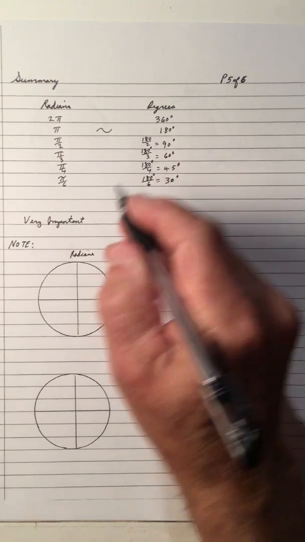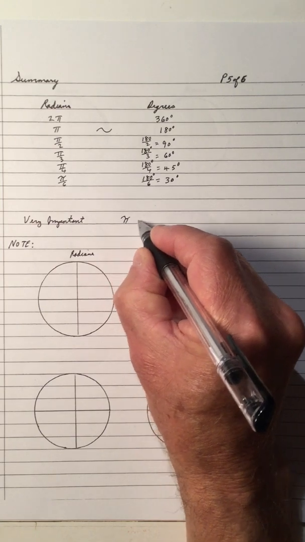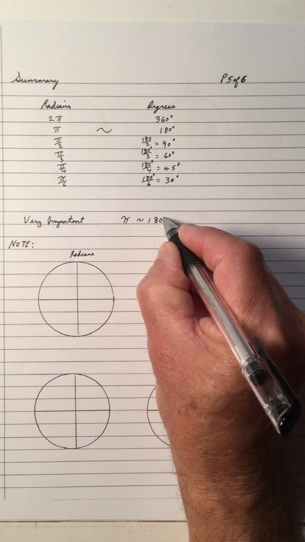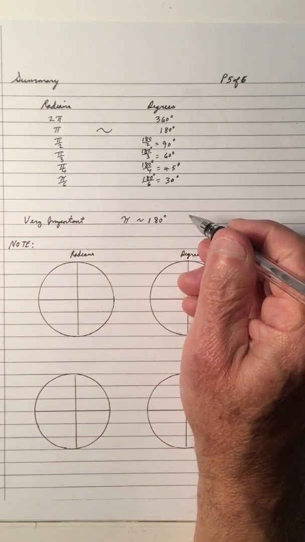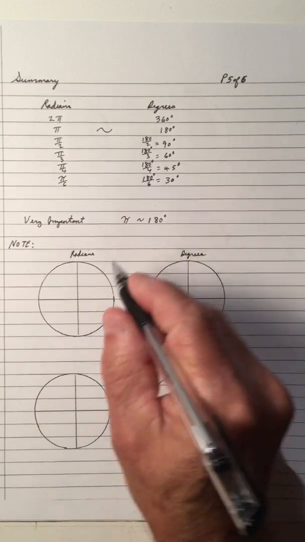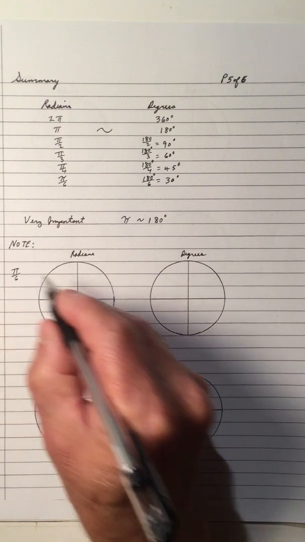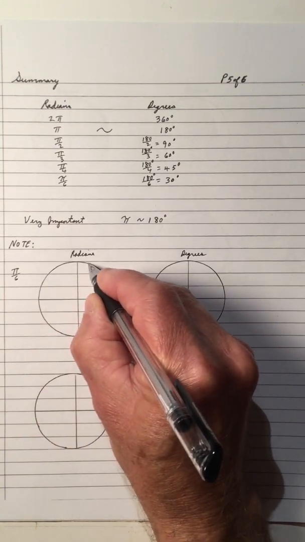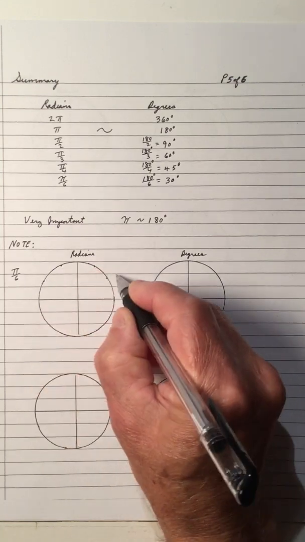Okay, very important to know that pi in radians is equated with 180 degrees as an angle rotation. So pi is equated with 180. Let's look at pi over 6 again. Pi is divided into 6 pieces: 1, 2, 3, 4, 5, 6.